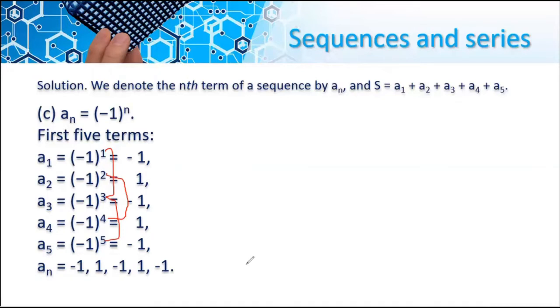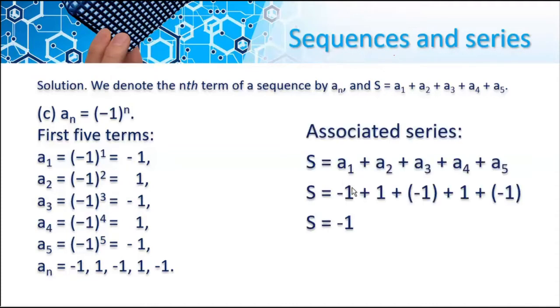Kaya ngayon, at the end, ang mangyayari ngayon yung ating mga sequences from start with -1, 1, -1, 1, -1. Alternate. So, meron na tayong sequence. And how about the series? So, kuhanin lang natin yung kanyang sum. So, -1 plus 1 plus -1 plus 1 plus -1.